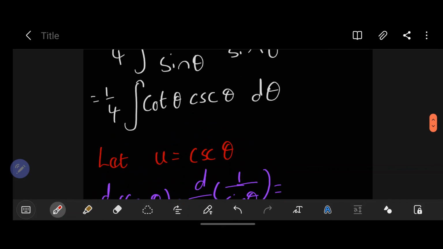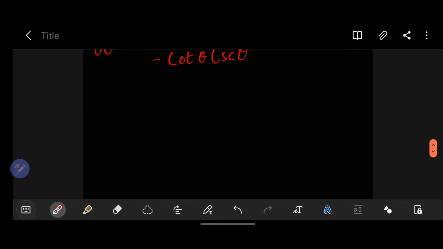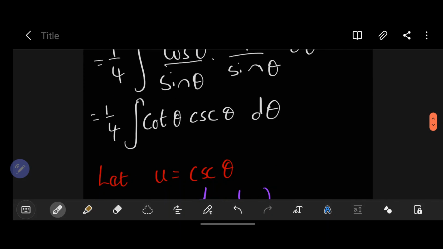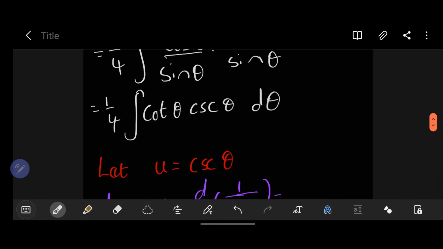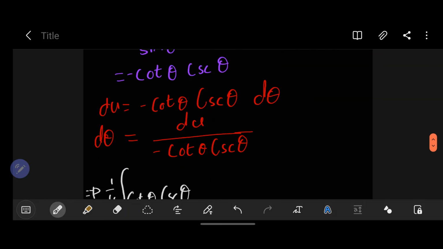So where's my, okay, so I have 1 over 4 integral cot theta cosec theta, and double check, okay, yeah, cot theta cosec theta, and then I have d theta.